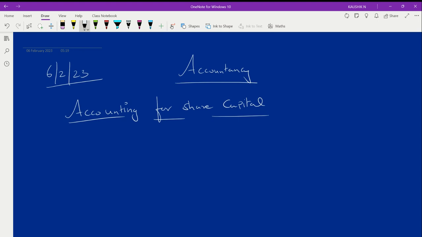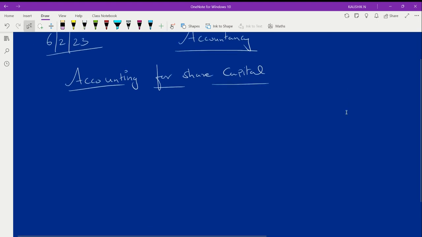Under this accounting for share capital concept, first let us understand what is a share. What do you mean by share and share capital? You should be in a position to understand the meaning of share and share capital.